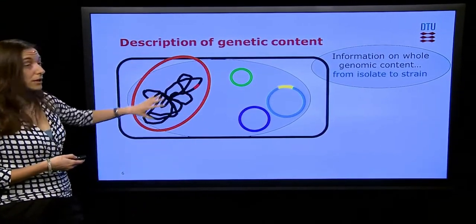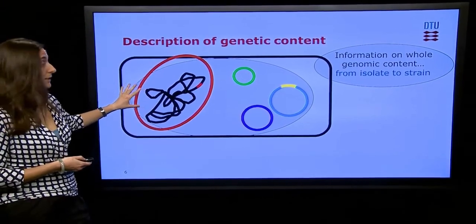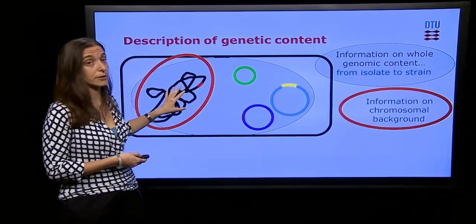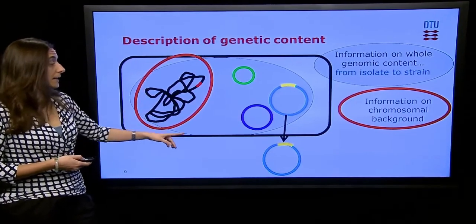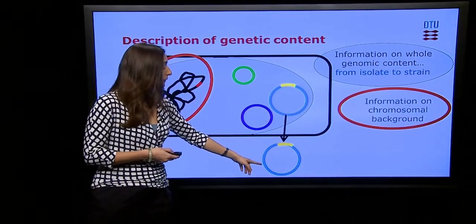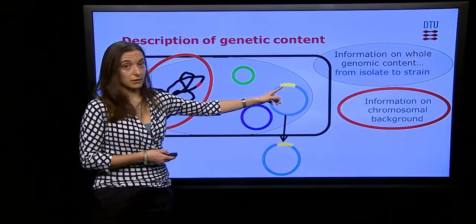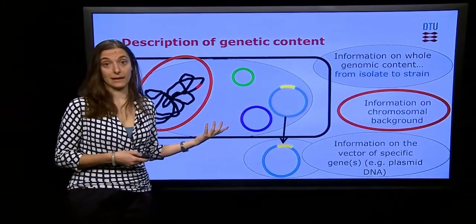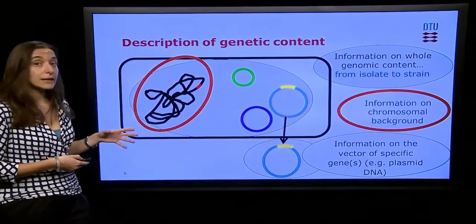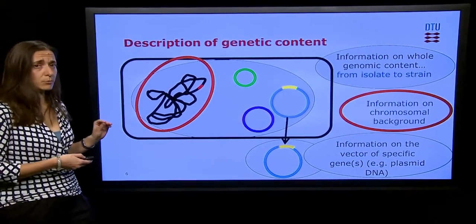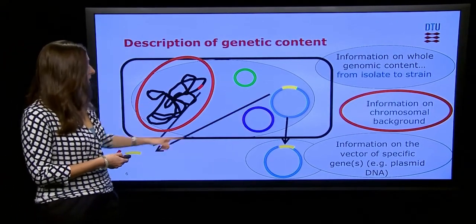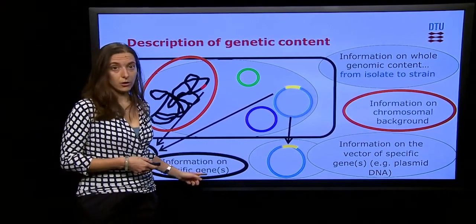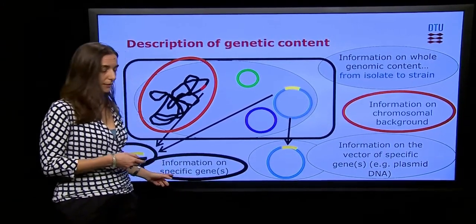You can decide to target only the chromosome of your bacterial species, and this way you will have information on the chromosomal background. You can decide to type the vector of a specific gene of interest, and in this case you will have, for example, typing of plasmid DNA. Or you can decide that you're interested only in a very small portion of the bacteria, on these specific genes. And in this case, you will have information on the particular genes you are targeting.